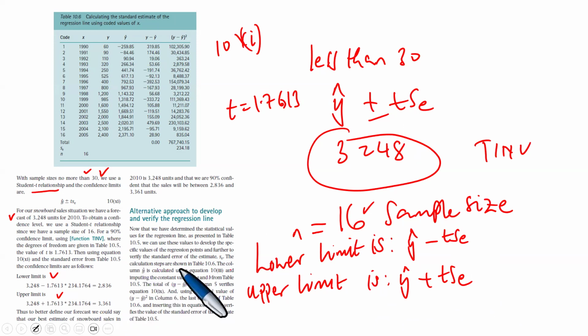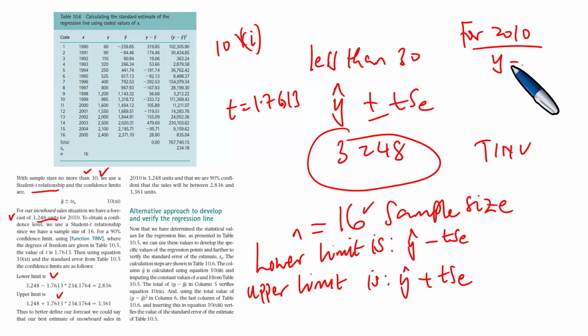For the year 2010, we did it together, and we said we can use a calculator to verify this value: it came down to 3248 if we put it into the regression line.